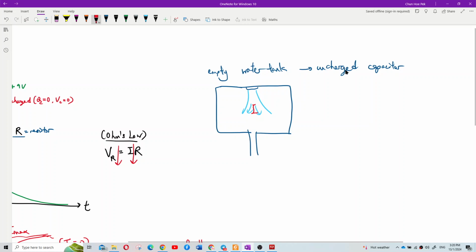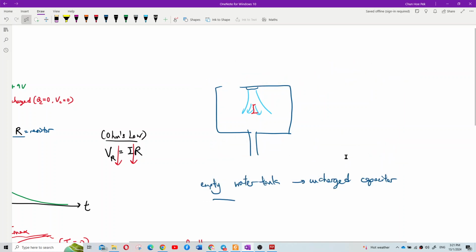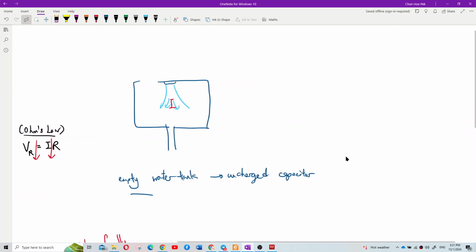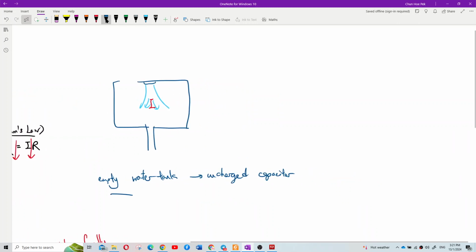Uncharged means kena bagi step dia. Macam mana? Kena buat beginilah, ya. This is the initial, okay. Sorry ya, and this is final.